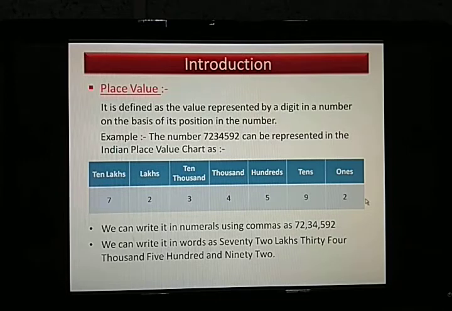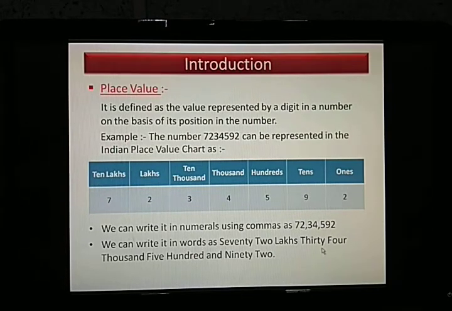So this is very simple. And how can we do all of this? Only if we know the place value. So first of all, we have to put the number in the place values. Only then we can write down the numeral in terms of words as well as in terms of numerals, you can say, by using the commas.